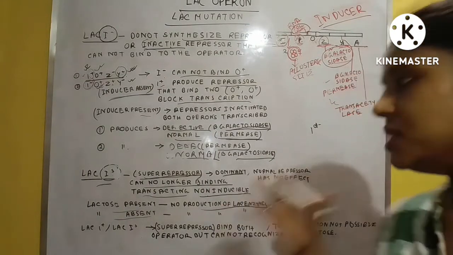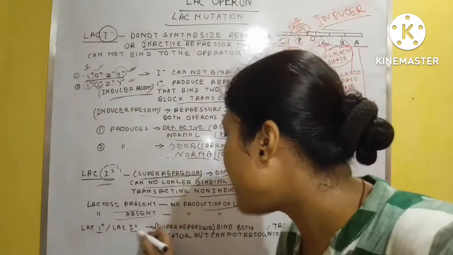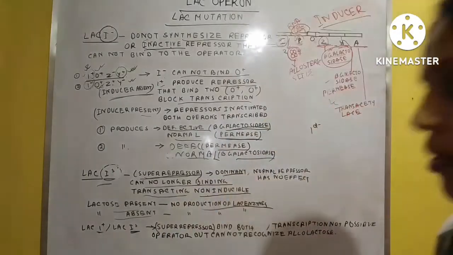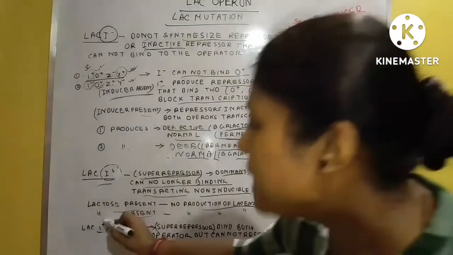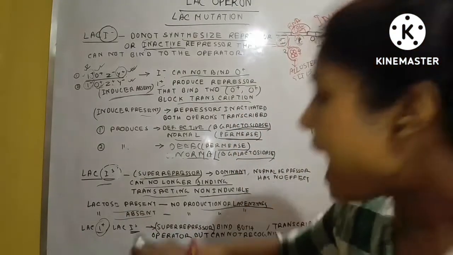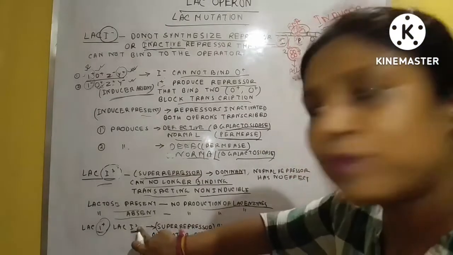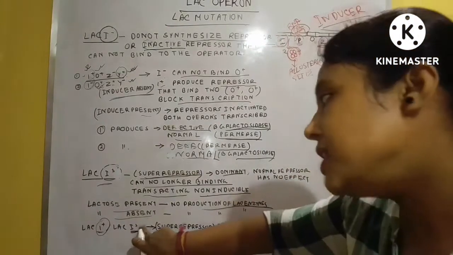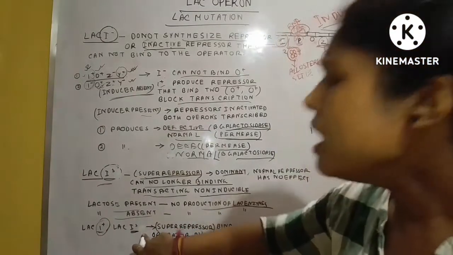translation is not possible. Suppose this is the enzyme, there I plus and IS is very important. This is the situation, I plus and IS. So here the I plus effect is not necessary as IS is present. Why? Because IS is a super repressor, it is dominant, so it can bind to both operator sites, okay?